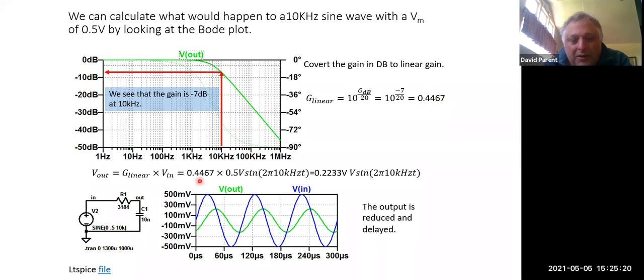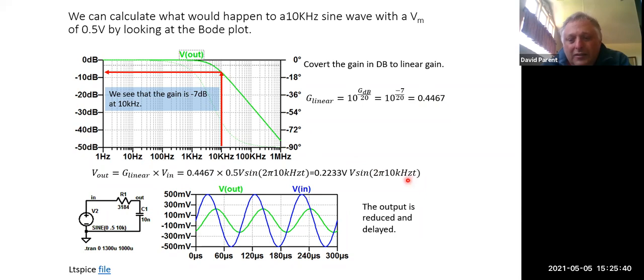And so my output is 0.447 times the original magnitude times that sine wave. Now I've left out the fact that there's a phase change here.